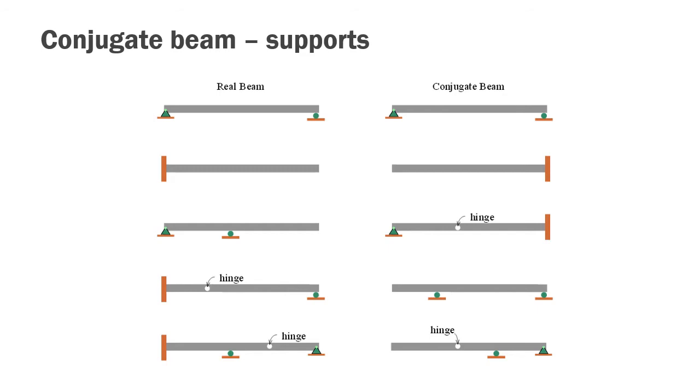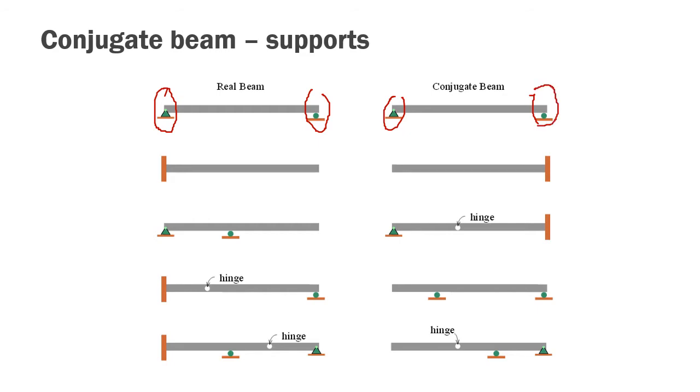So if this is your real beam, simply supported, your conjugate beam will also be simply supported. So basically you need to change all of the supports on your real beam to a conjugate. So these are the two supports. If it's a pin and roller, for your conjugate, it will remain as pin and roller.